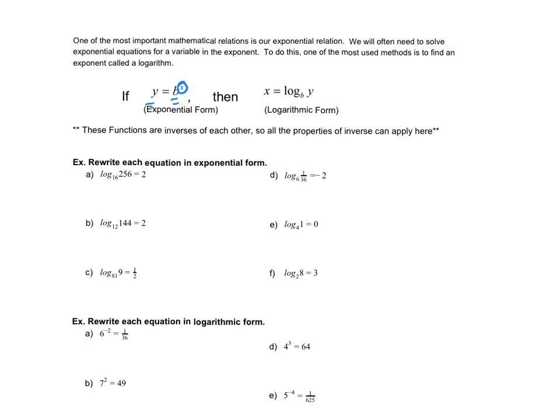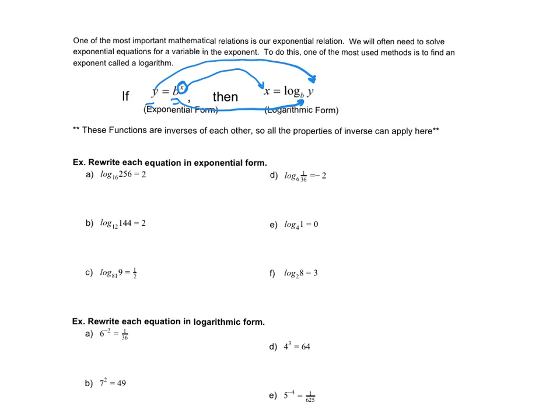If you have some exponential y equals b to the x, then you can convert that to log form by saying x, which is the exponent, equals log base b of y, whatever's on the other side of the equal sign becoming the input of your logarithm. So the logarithm is a rearrangement of the exponential function to get the exponent by itself. They are inverses, so all the inverse properties we know can work.